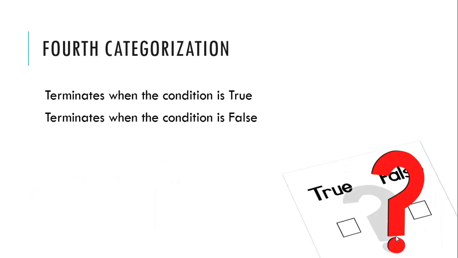Now there are two kinds of loops. This is the fourth categorization of loops. While, for, and do-while: these are the kind of loops that are going to keep looping as long as the condition does not become false. So these loops terminate when the condition is false.